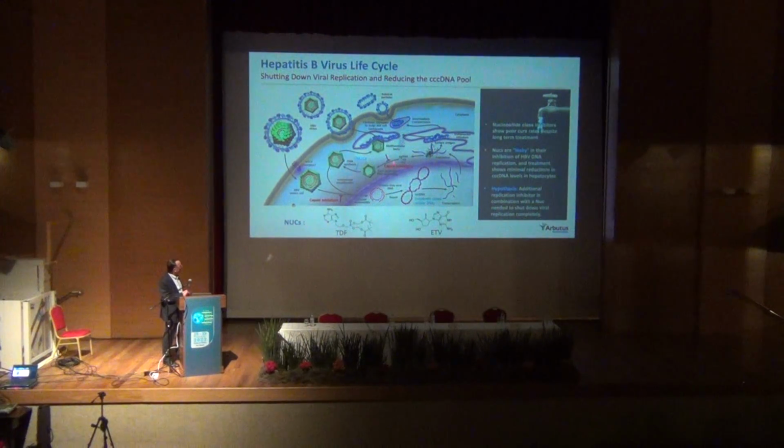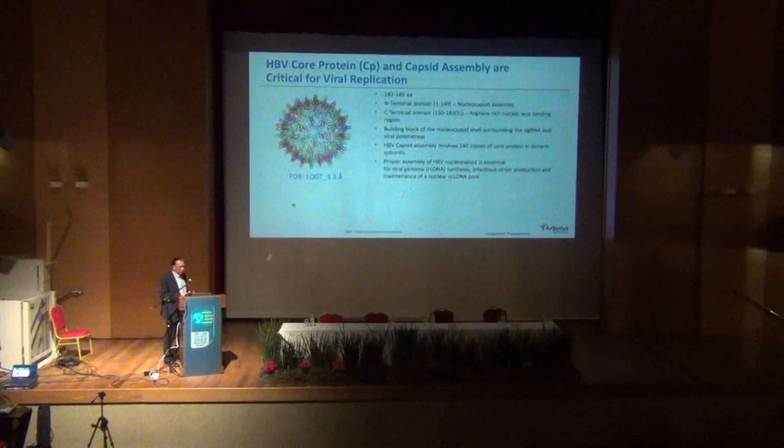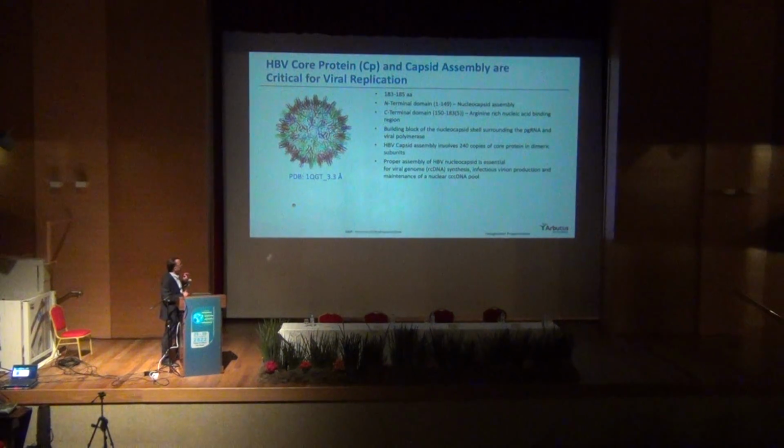And the idea is, can you inhibit the encapsulation of those pieces of genetic information? If you look at core protein, or a capsid, each core protein is about 183 to 185 amino acids. It's the building block of the nucleocapsid shell surrounding the pgRNA and the viral polymerase. So what's in here is the pgRNA and the viral polymerase that enable reverse transcription.